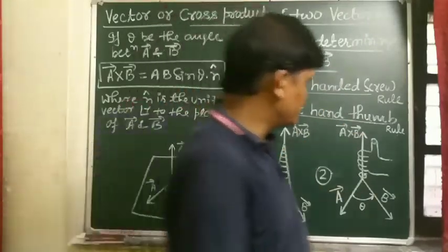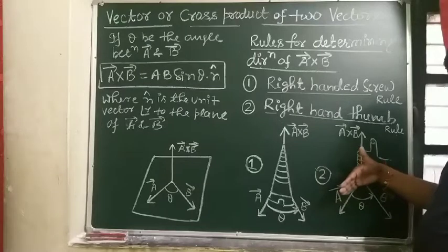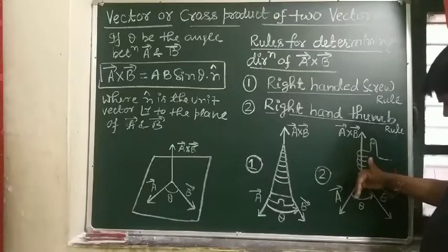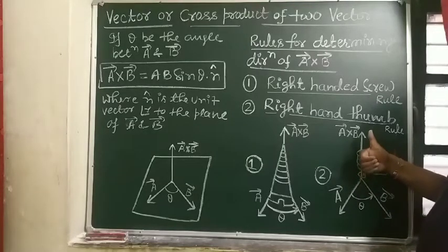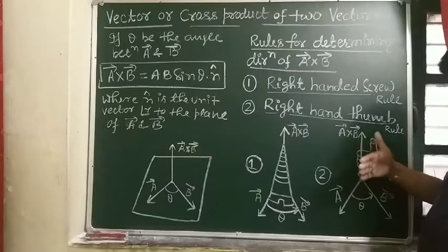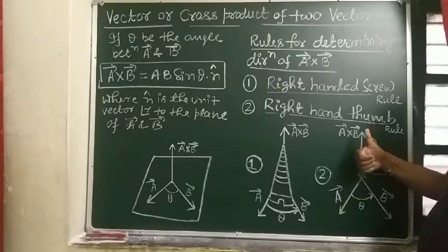This rule can be stated as: if we curl our right hand fingers in such a way that they point in the direction of rotation from vector A to vector B, then our stretched thumb gives the direction of vector A cross vector B. In general, the stretched finger is in the direction of the first vector, and you rotate it in the direction of the curling fingers from the first vector to the second vector, then the stretched thumb gives the direction of A cross B.